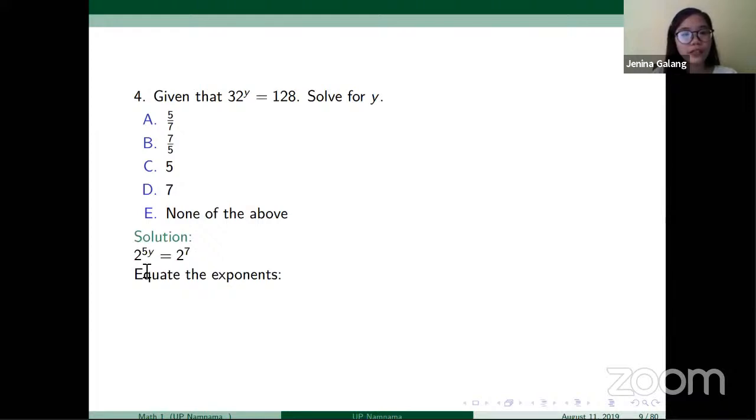So 2 raised to 5 is 32, and 128 can be written as 2 raised to 7. So once na same na yung base ng both sides of the equation, we can equate the exponents. So we have 5y equals 7, and then isolate natin yung variable y. So we have 7 over 5 by dividing both sides by 5.